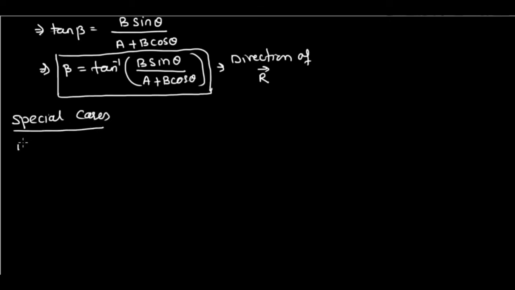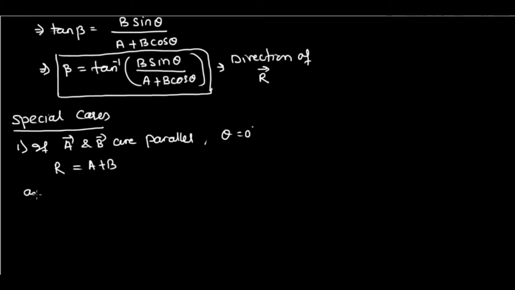Special cases means if A vector and B vector are parallel to each other, that is theta equal to 0 degree, then in that case the resultant magnitude will be A plus B. The magnitude of the resultant vector will be A plus B, and R vector is directed along both the vectors.